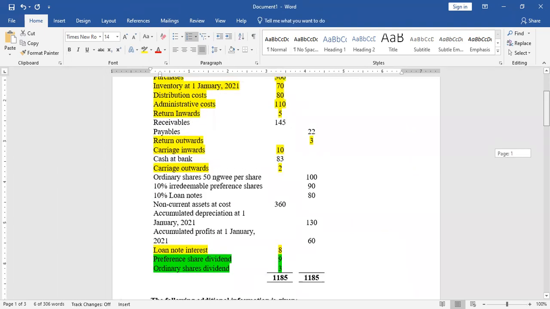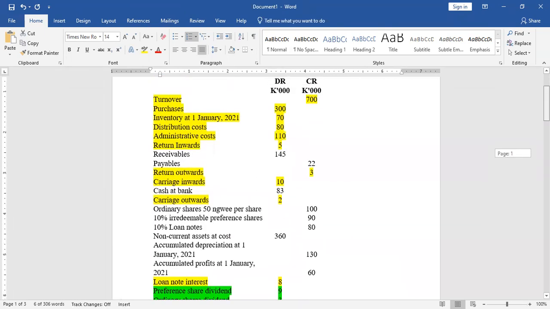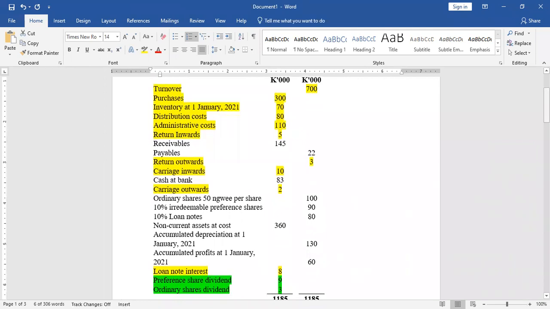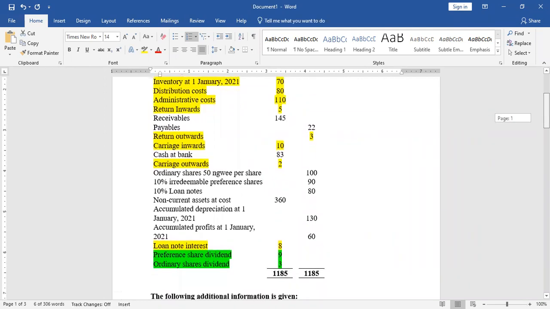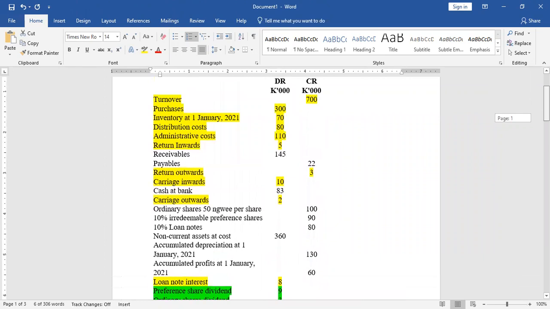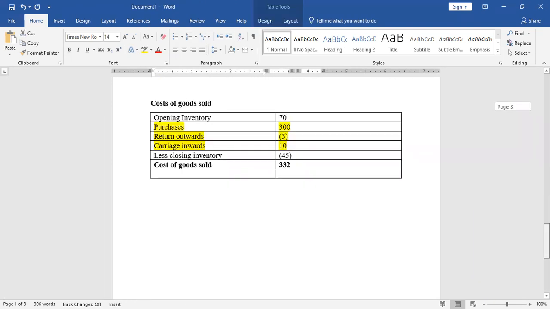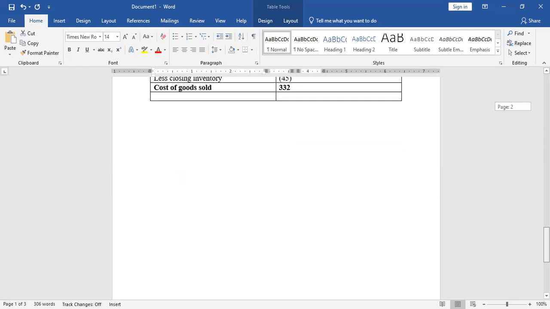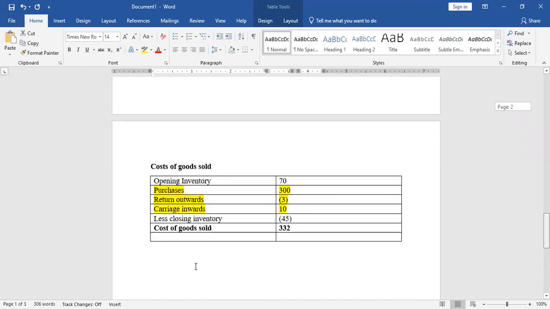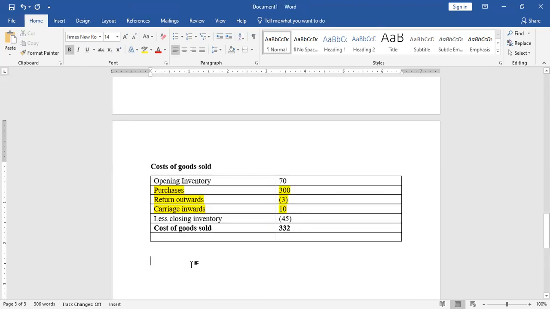So I'll go to administrative expense. Let me start with administrative expense. There is no harm. Administrative expense is 110 here. Let me start working it out.